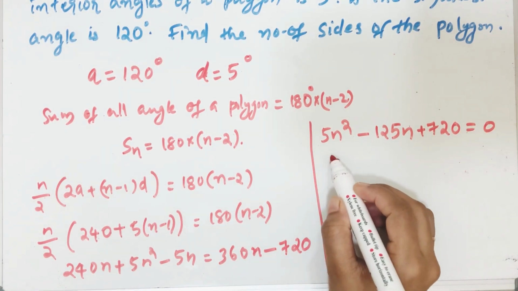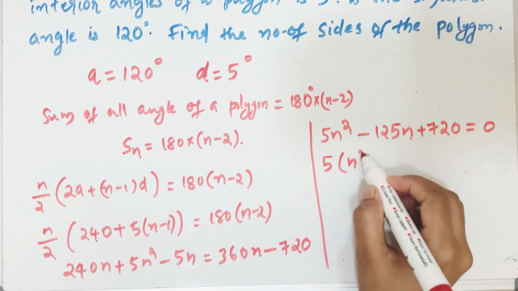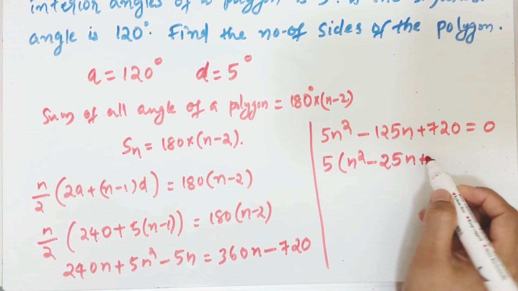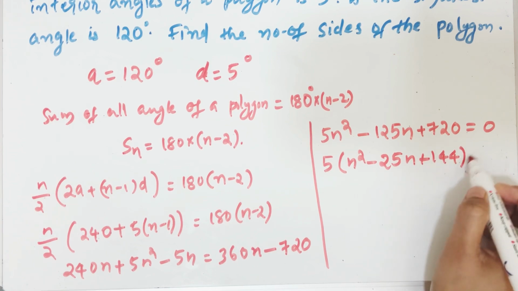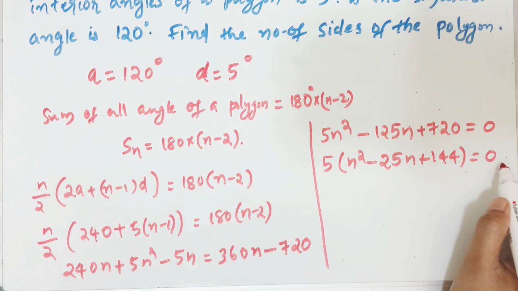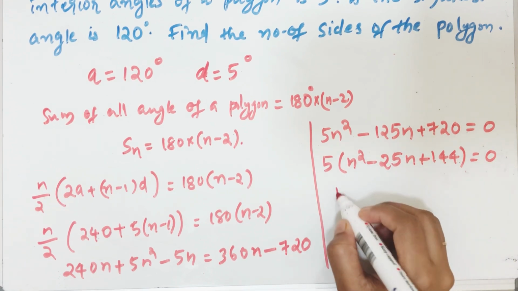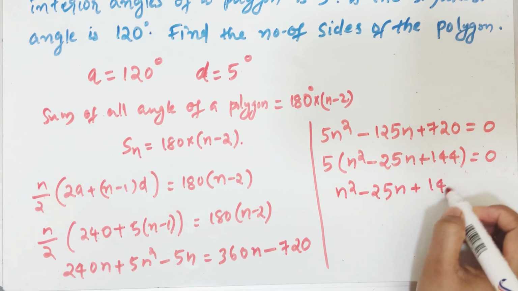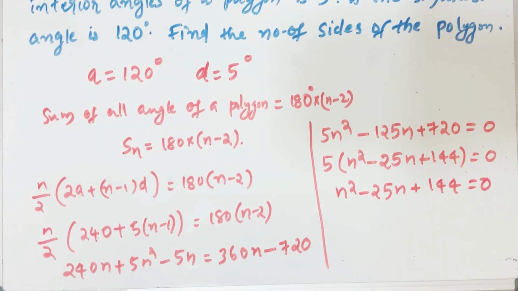Here 5 can be taken common. 5 into n square minus 25n plus 144 equal to 0. Here get this 5 to this side, that is 0 by 5, 0. That is n square minus 25n plus 144 equal to 0.